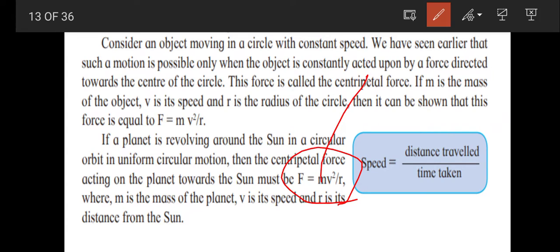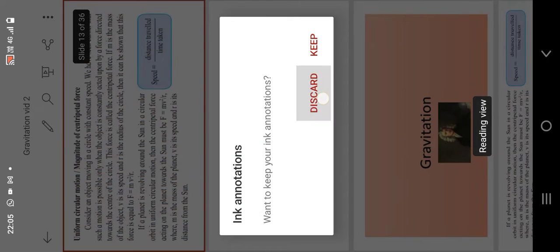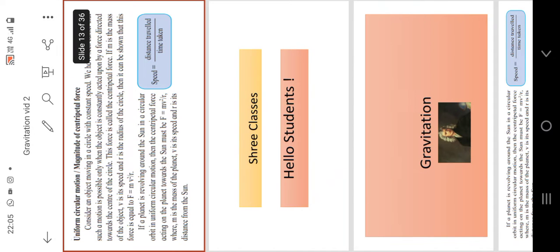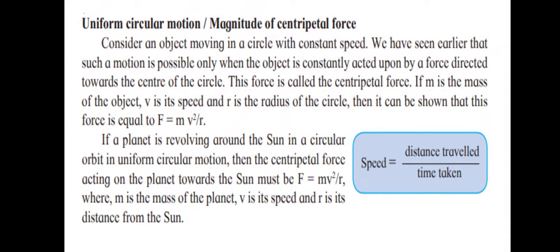Here m is the mass, v is the speed and r is the radius, and that radius is nothing but the distance between the sun and that planet. In this way we can apply the formula F is equal to mv square upon r in UCM.